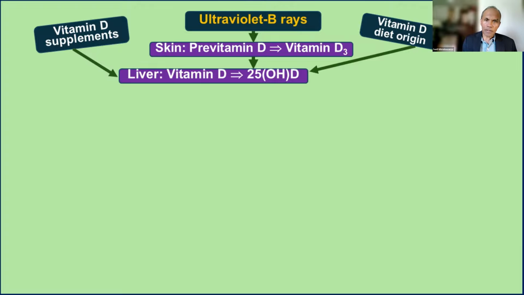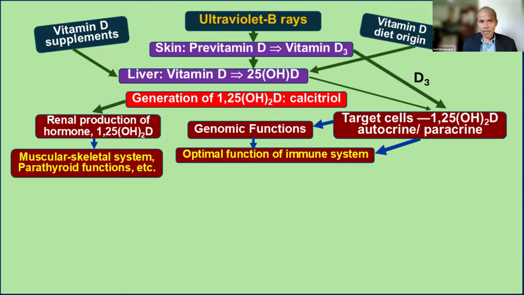Since we are not getting enough supply, and dietary vitamin D is very little, many people, especially in the winter period in northern and southern climates, need to rely on vitamin D supplements. All of it is converted in the liver to 25-hydroxyvitamin D, which then generates 1,25-vitamin D in the kidneys, as we said, to benefit the musculoskeletal system.